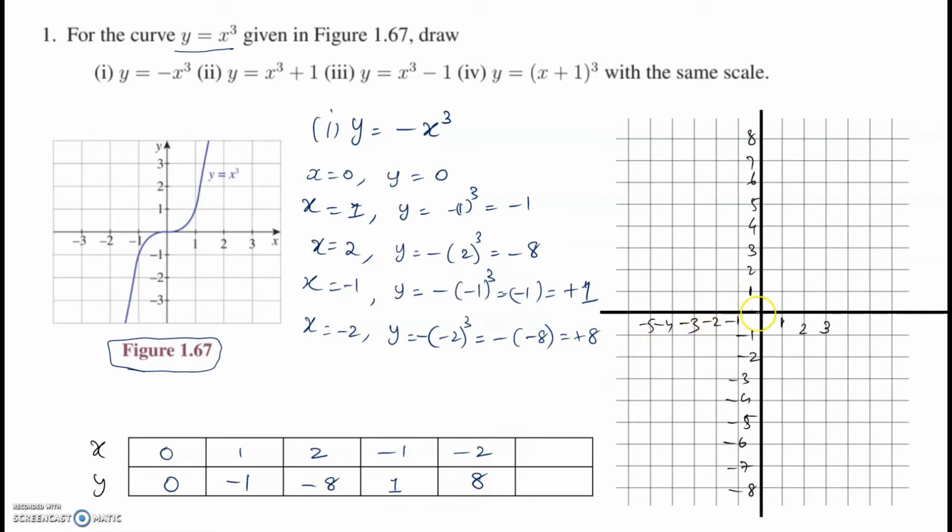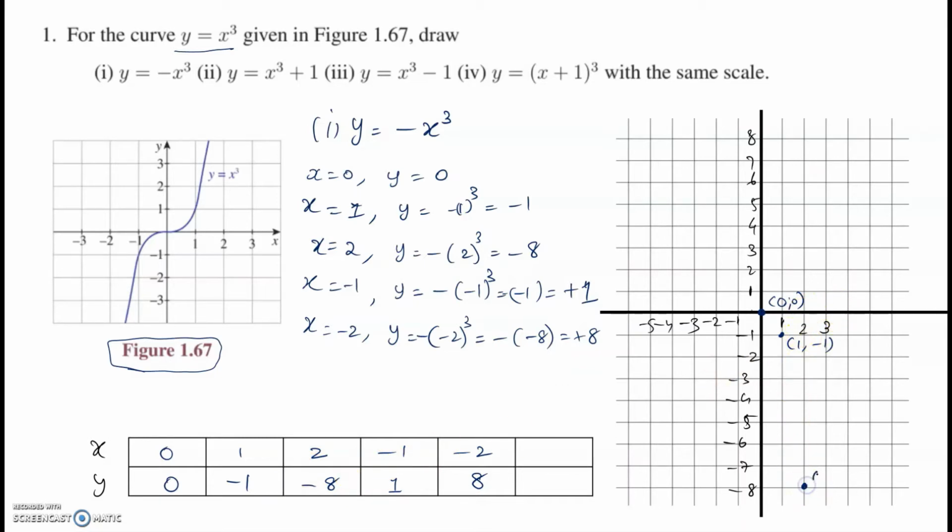Now let's try and sketch this graph. So we have this point 0, 0. Then you have 1, minus 1. This is the point here. Then you have 2 and minus 8.